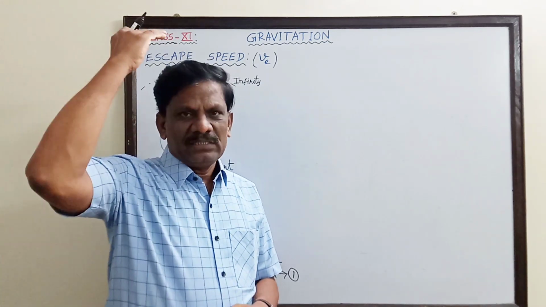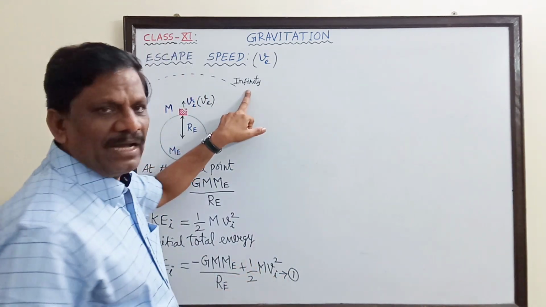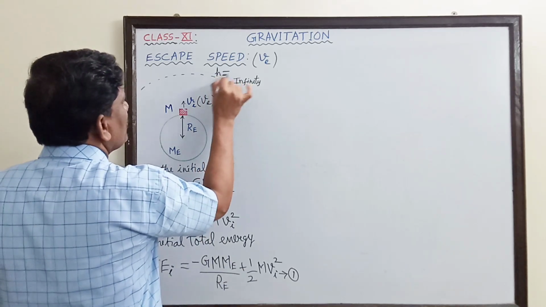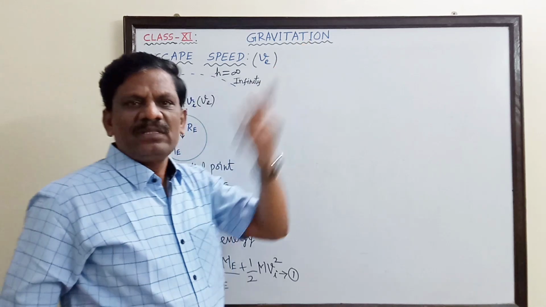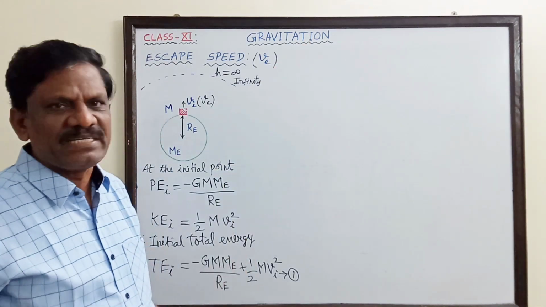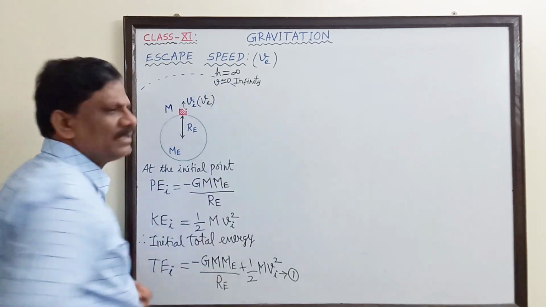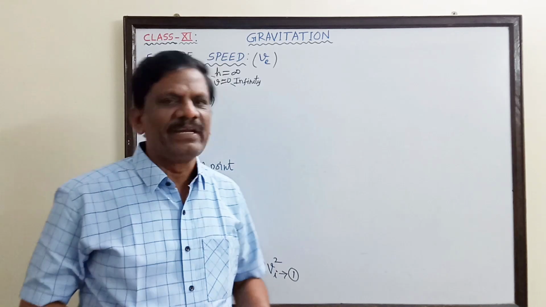At the end of the gravitational field, the height is considered to be infinity. So here h is equal to infinity. At this height, the velocity will become 0 at one stage. That is considered to be the final point.